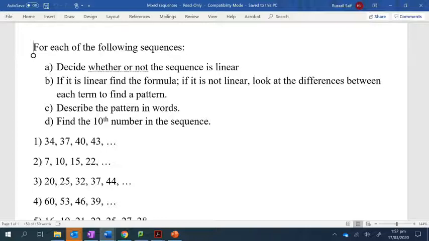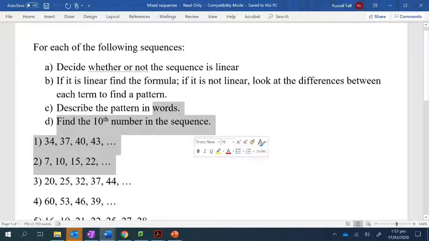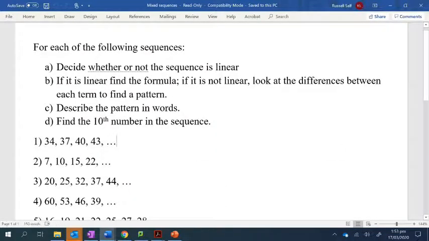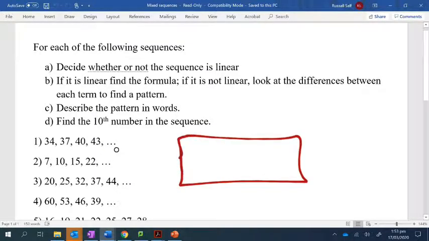Let's begin with the first one. We have 34, 37, 40, 43. Many times it's easier when you're working with a pattern if you start by creating a chart. And remember the chart is N and T, where N is the number of the pattern and T is the value. So the first value in this one is 34.